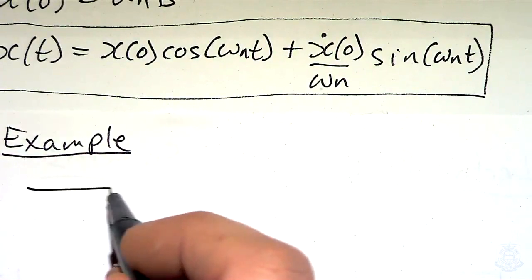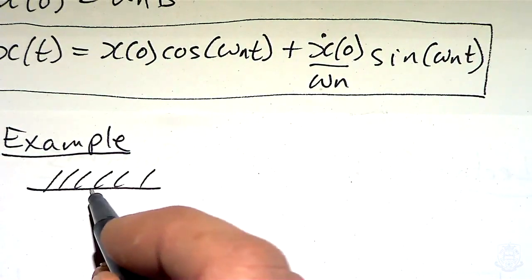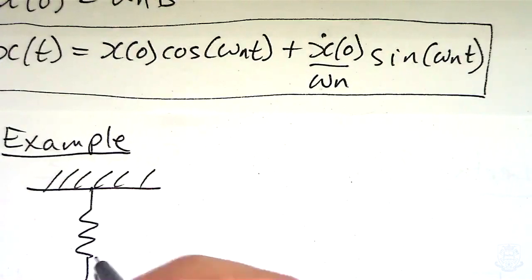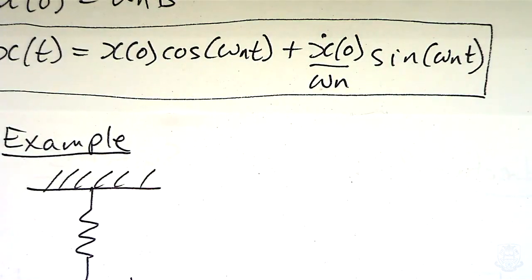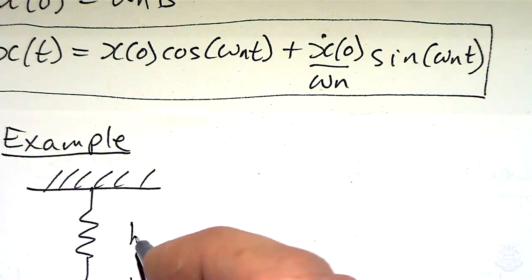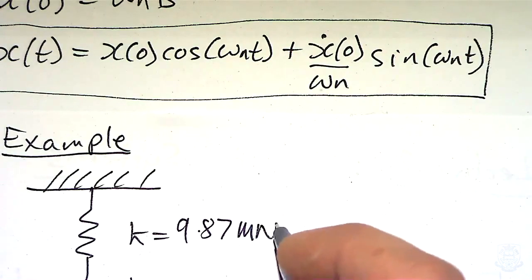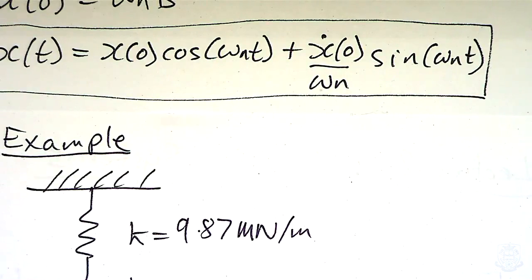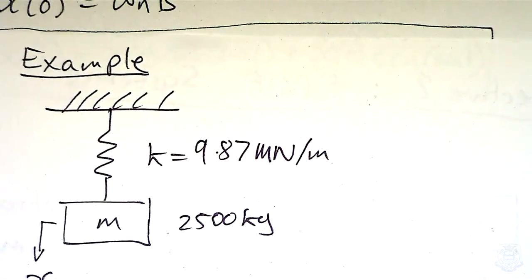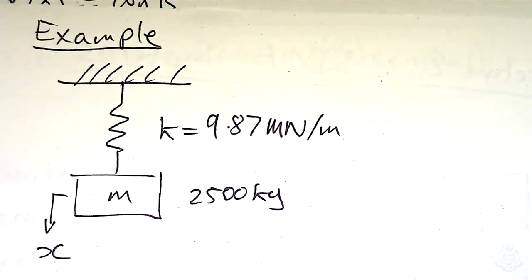If we've got a system like this, spring, mass, and k is equal to 9.87 meganewtons per meter, mass is equal to 2,500 kilograms. I think I've drawn this too big now, haven't I? There we go, we can just about see that.